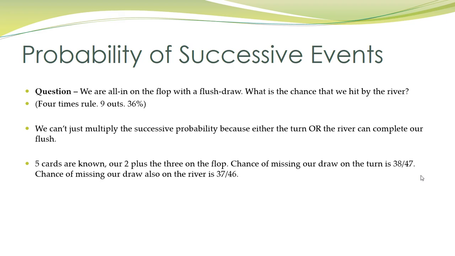Well, there's still 9 cards in the deck that can make our flush on the river. But there is one less card in the deck because one of the cards has fallen on the turn. It didn't complete our flush card. So instead of 47 cards left in the deck, there's now 46 cards left in the deck. But 9 of those make us our flush, which means by deduction 37 of those cards will miss our flush draw on the river. So here we have now our two probabilities.